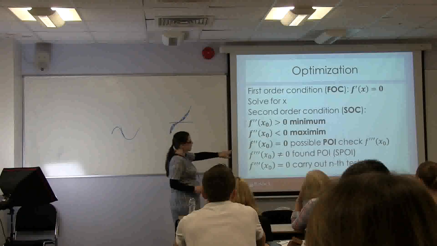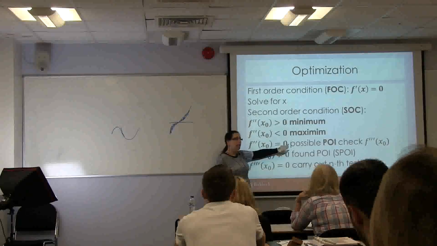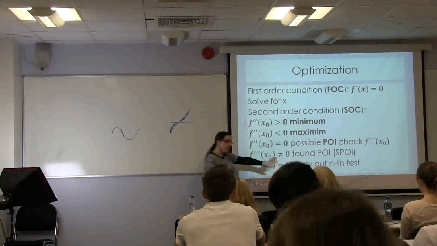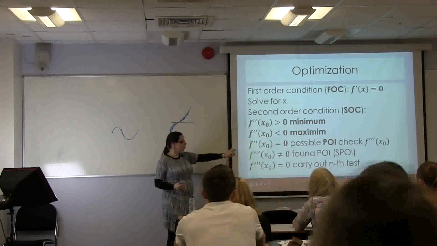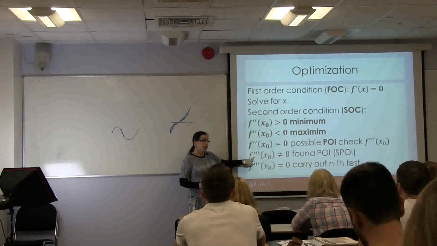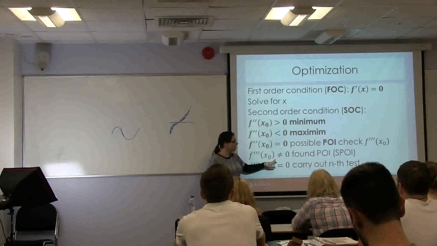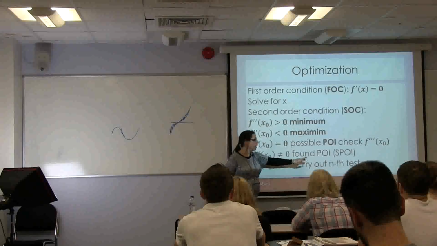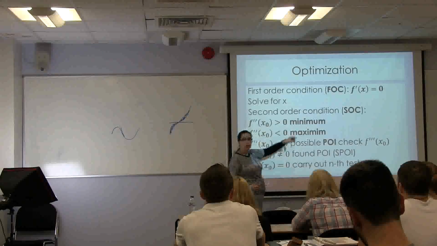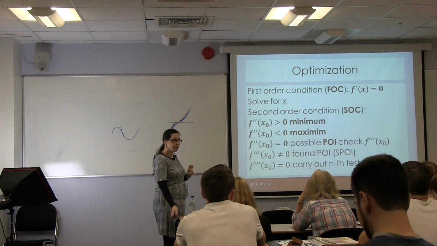Now, if the second order derivative is 0 at this specific point, I may have ended up with a point of inflection, so I need to go for the second condition for stationary points. If the third order derivative at this point where the second order derivative was 0 is not 0, I have found a point of inflection, and this will definitely be a stationary point of inflection because I derived it from the condition where the first order was 0.